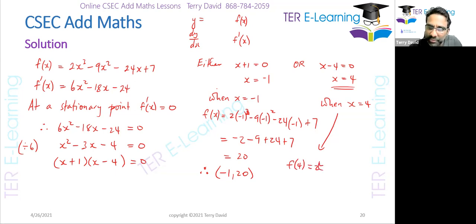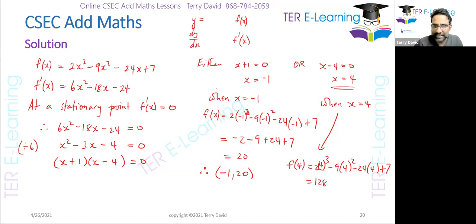So this is 2 multiplied by 4 cubed minus 9 by 4 squared minus 24 by 4 plus 7, right? So using a calculator to work this out. So 4 cubed is 64. 64 by 2, that should be 128. So this is 128 here.